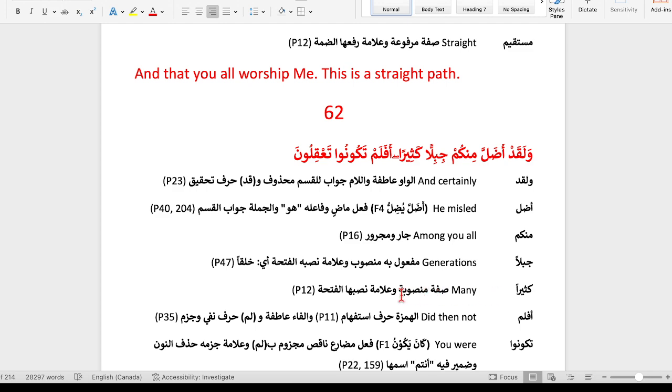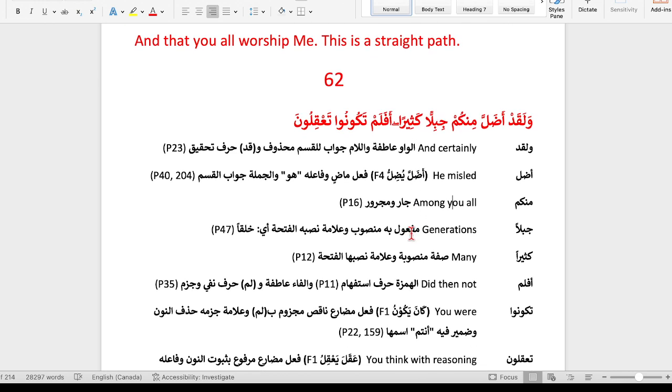Kasiran means many. So kasiran is an adjective, a naat for jibillan. Jibillan is mansoob, so naat is also mansoob. So jibillan kasiran, you see the same. Sifa mansuba is also mansoob. Walamatu nasbuh al fatha, and this also has a fatha. You can see detail on page number 12.